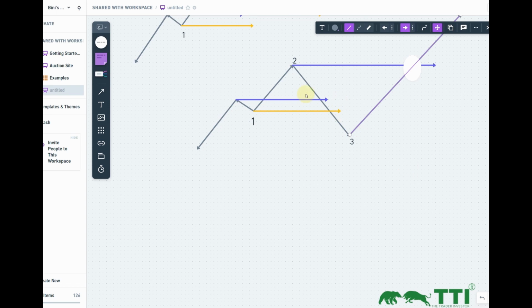So now, let's evaluate what a break of structure is, right? So far we've seen just continuation. Break of structure, I think it's easier if I draw it on this other chart because I can easily draw a zigzag.